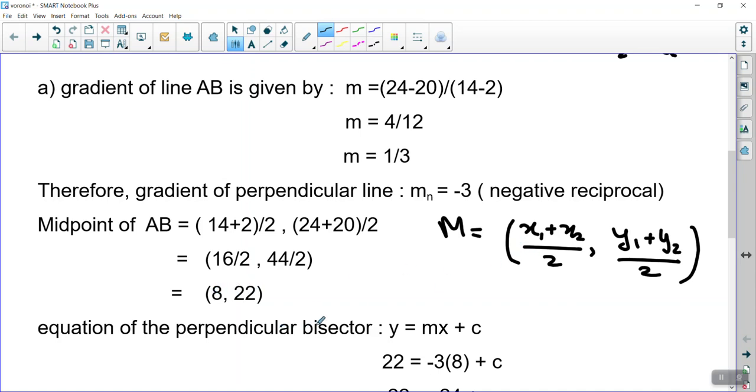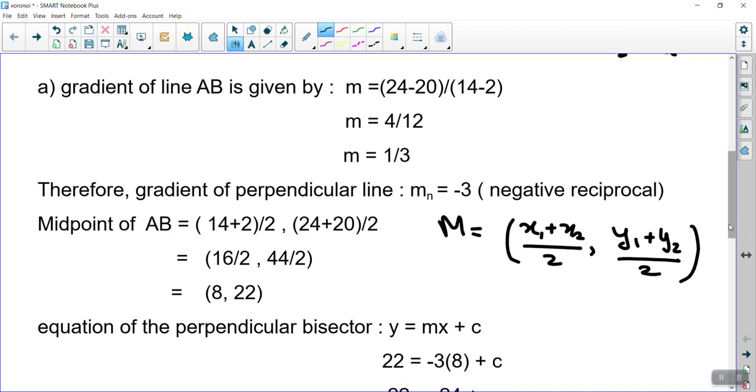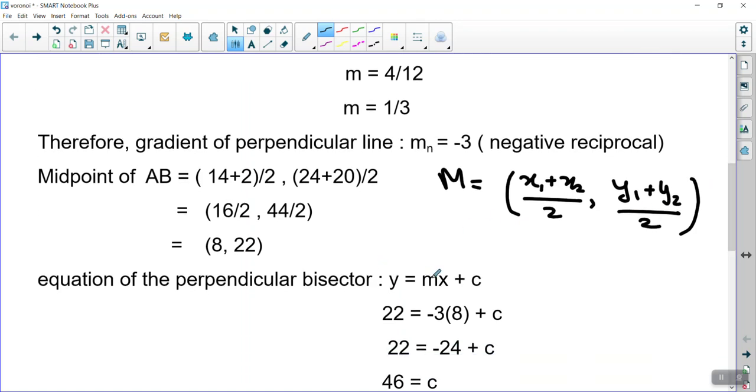To find the equation of the perpendicular bisector, a line in the form y equal to mx plus c, substitute this point in with all the information that we have. We have y, we have m, and we have x. Using that information, let's find c. So y is 22, m is negative 3, and x is 8.